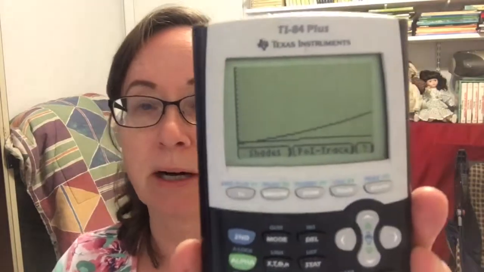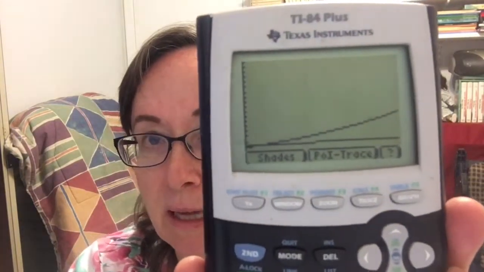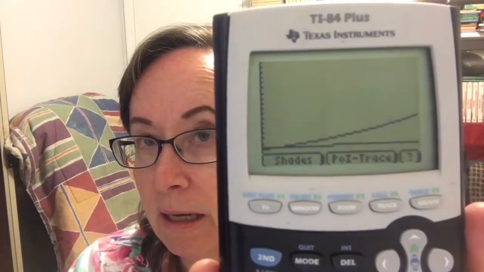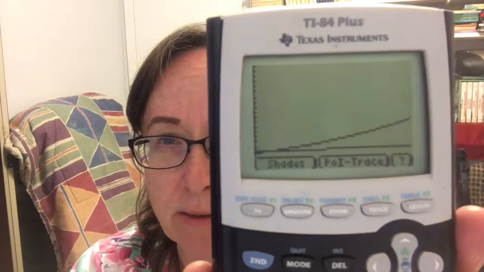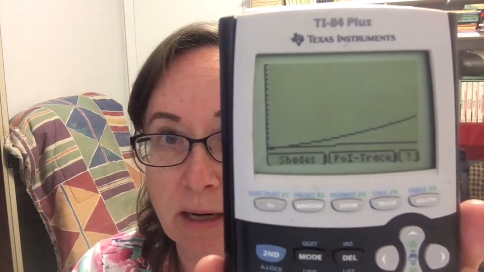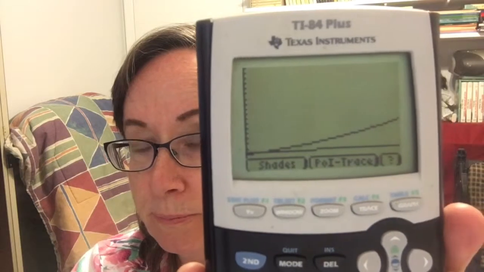And now I'm getting something that is looking like something. I see a first curve and a second curve. Okay, so I think that was probably a good move on my part to make the x and y go by 5s so that I could actually see what was going on a little bit better.